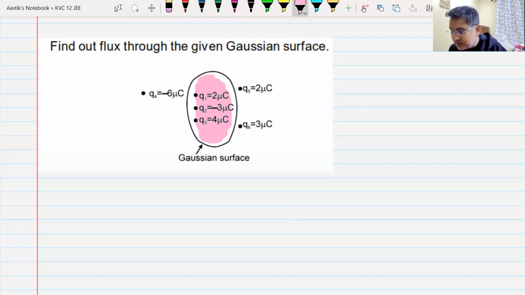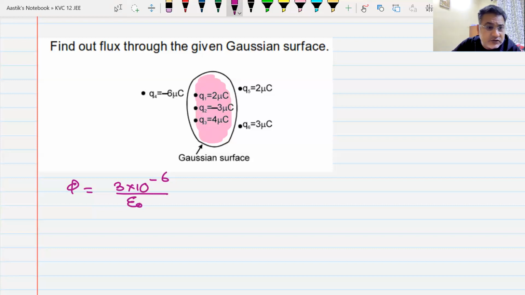So the net charge becomes plus 3 microcoulombs. The flux through the Gaussian surface is the flux of the net electric field produced by all the charges in the universe. So the flux is 3 into 10 raised to the power minus 6 divided by epsilon naught. That is the flux through this closed Gaussian surface.